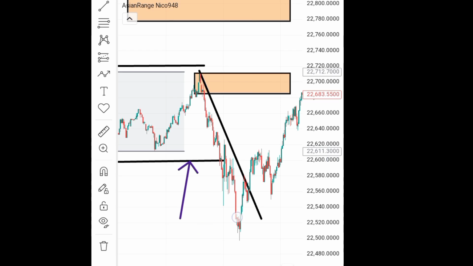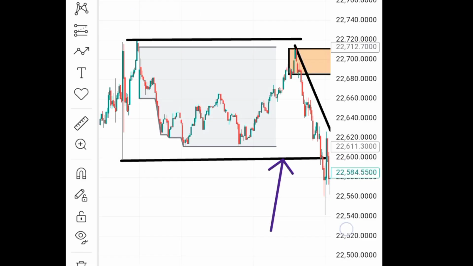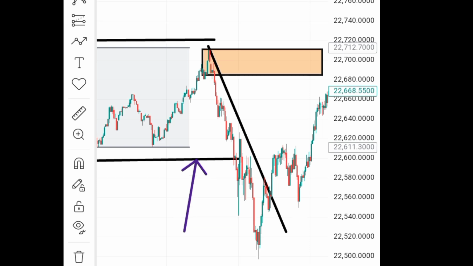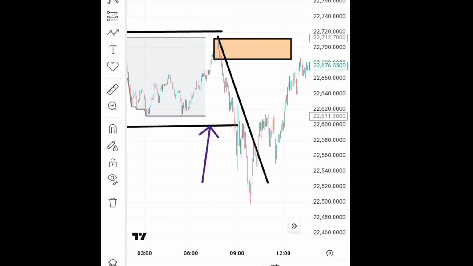So here was the zone that I marked, and I'm using 3 minutes because I did not have enough data on my TradingView for me to get to the 1 minute chart, because I'm not using the paid version of TradingView.